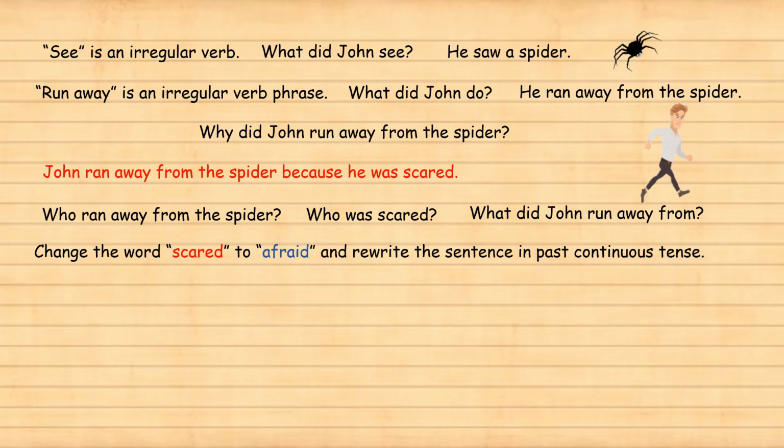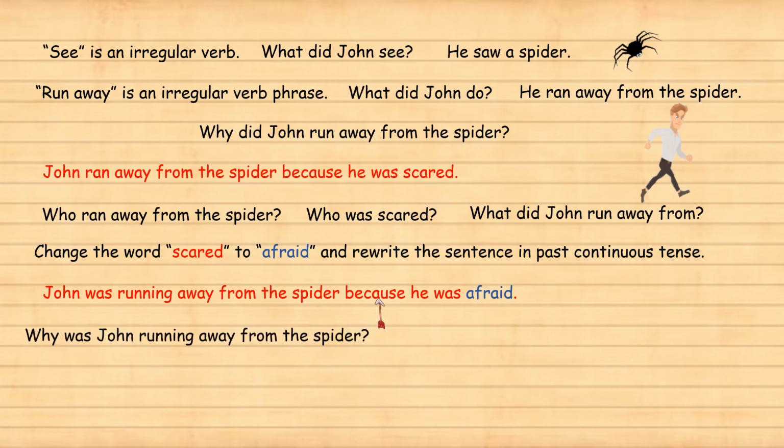Change the word scared to afraid and rewrite the sentence in past continuous tense. John was running away from the spider because he was afraid. Why was John running away from the spider? Because he was afraid.